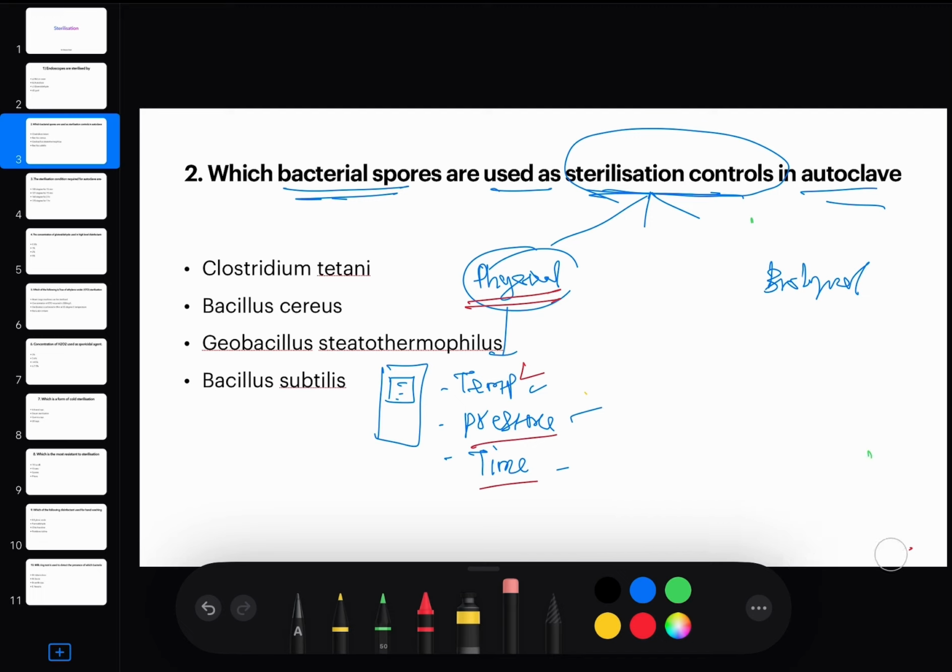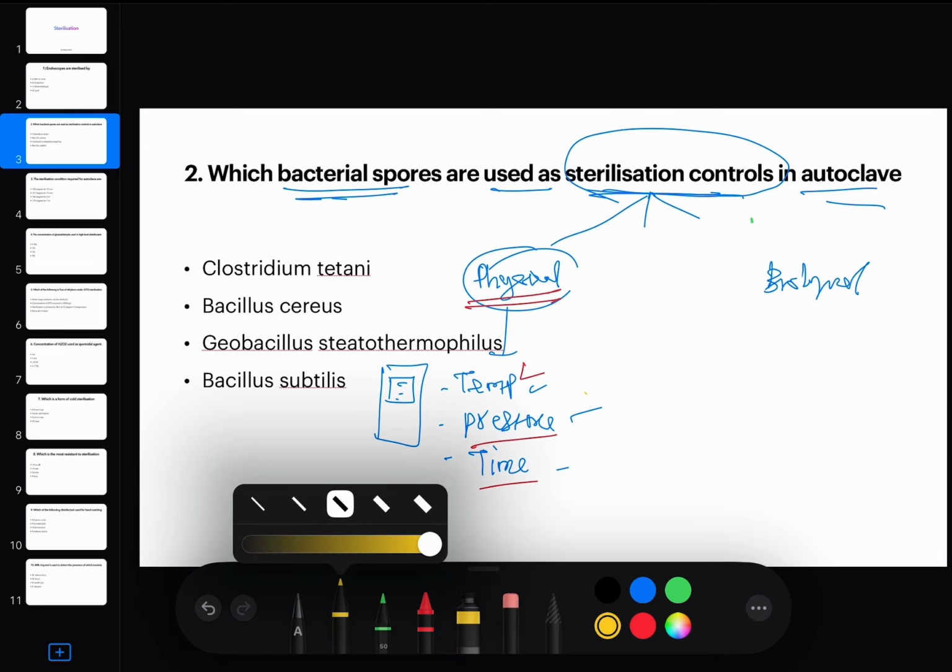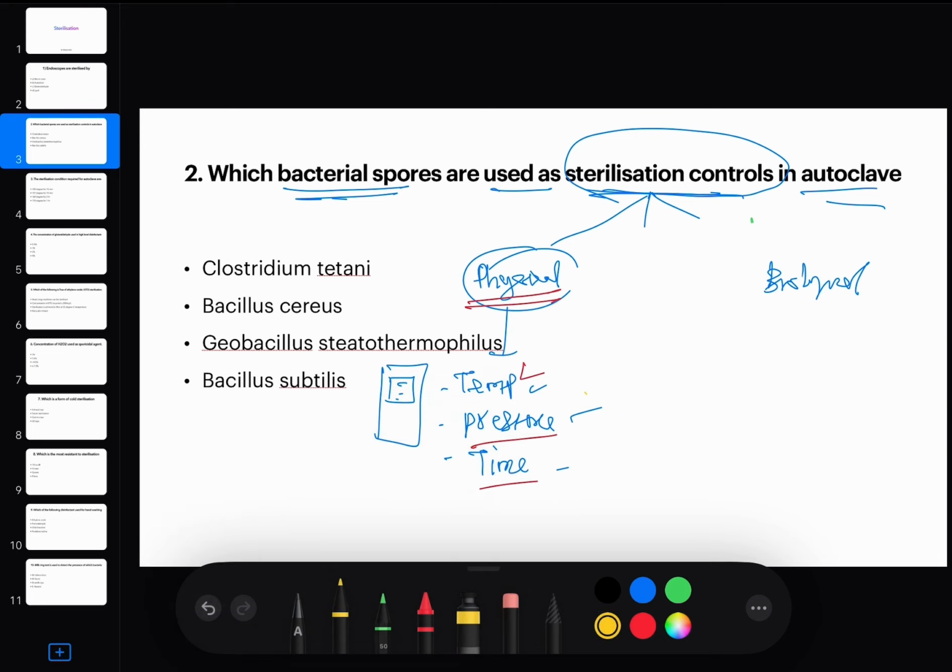These are bacteria. The first one is Geobacillus stearothermophilus, and another one is Bacillus atrophaeus.